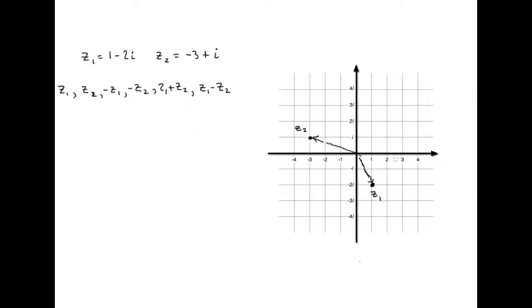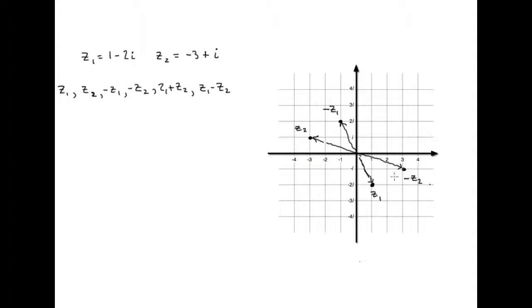Minus z1 can be obtained by a half turn around the origin from this vector to that one. So that's minus z1. Minus z2, there's z2, so half turn about the origin. There's minus z2. So incidentally, minus z1 is minus 1 plus 2i, minus z2 is 3 minus i. We just need to read them off after we've done the geometry.